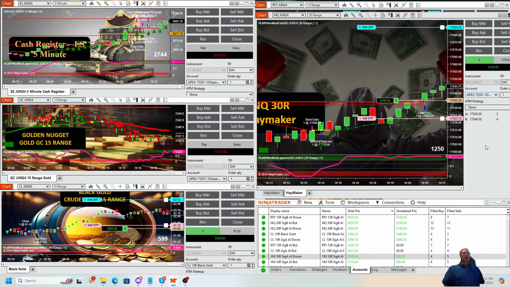Finally broke through that area of resistance. That was the break we were looking for. Now let's see if we can get some follow through here.